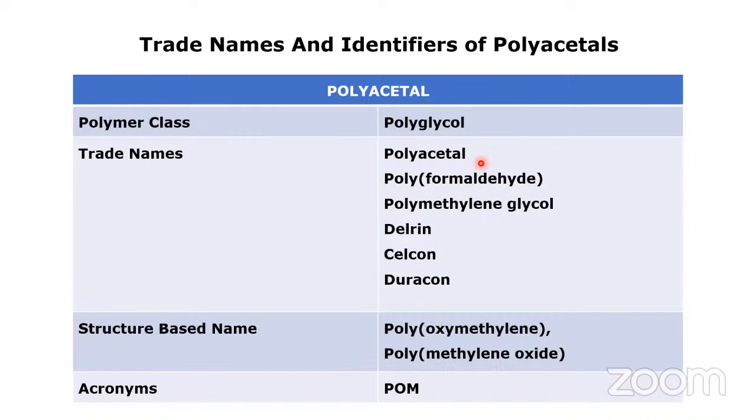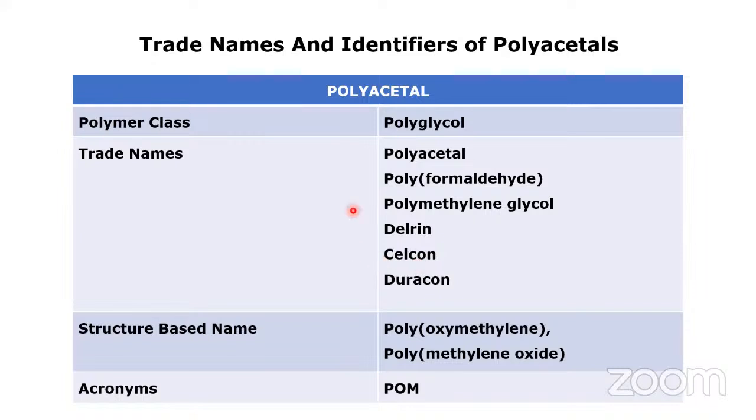If you have seen any polyacetals, they are generally known by names like Delrin, Celcon, or Duracon. These are the trade names of polyacetals.